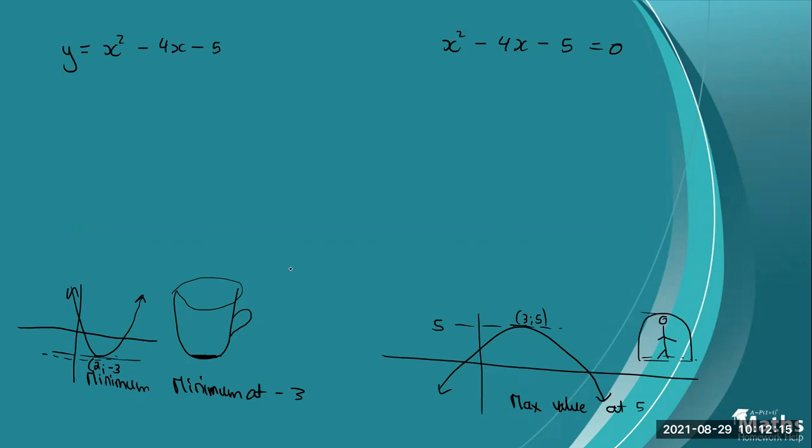And if it's in turning point format, let's just write down the turning point format, x plus p squared plus q. Then p and q will be the turning point. So this would be 2. And how do you sub it back into the equation? You change the x value.